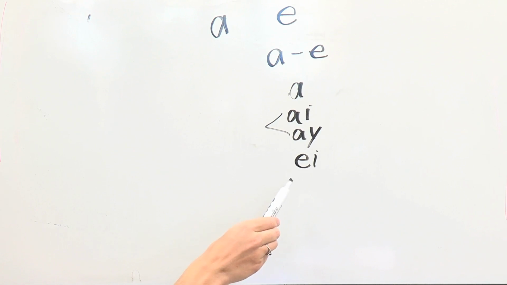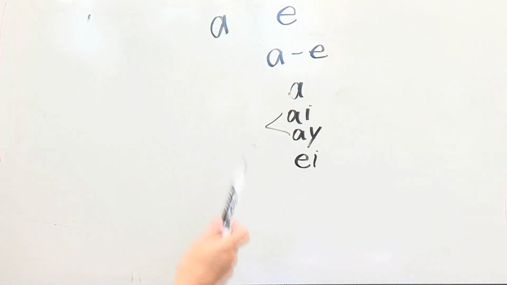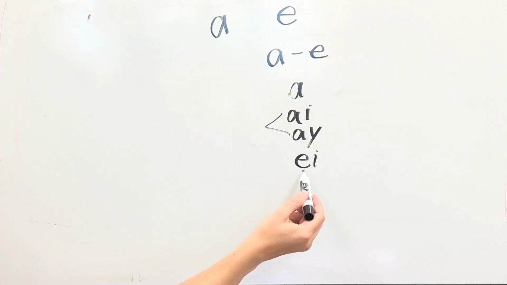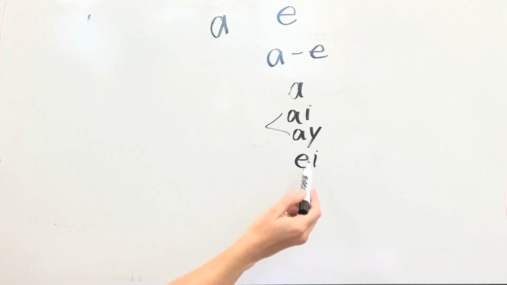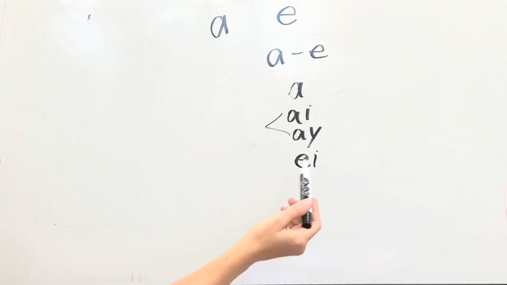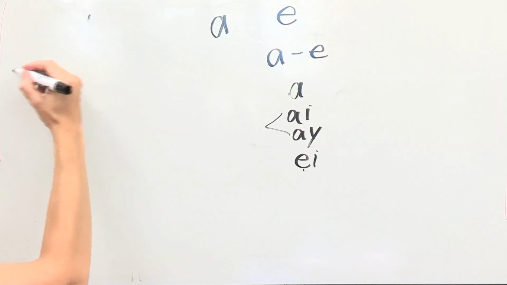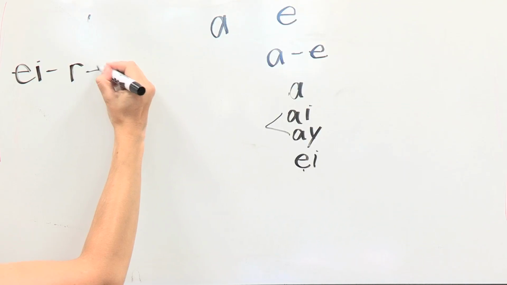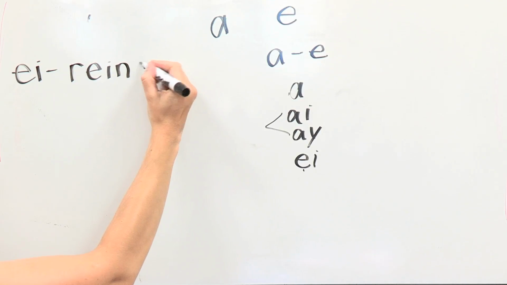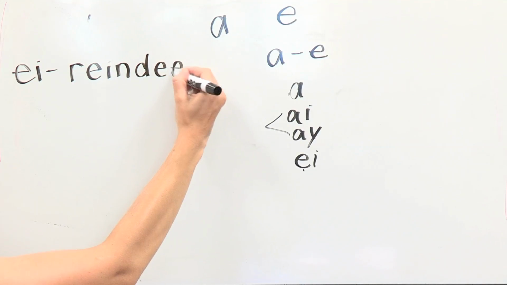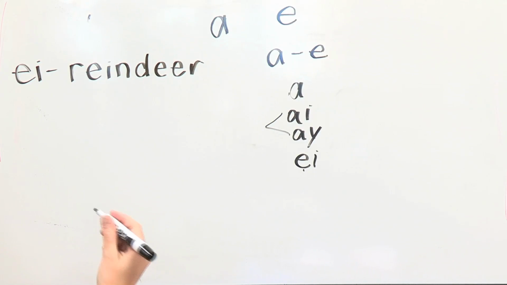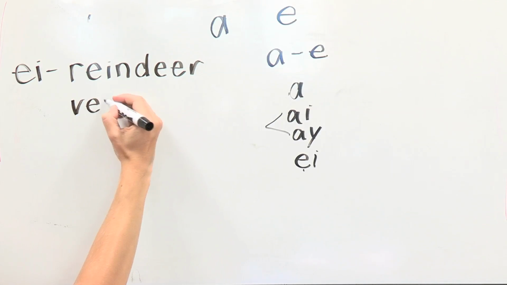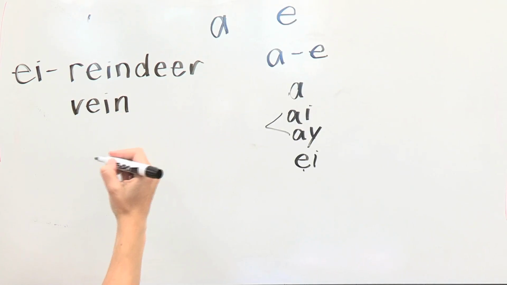These words typically just become sight words, because once again, you can't tell the difference sound-wise between EI and the others, because they all make the same sound, A. Examples of words with EI are a favorite Christmas word, reindeer. Students will probably be familiar with that one. All right, rain. Some of these words, like I said, start getting trickier.